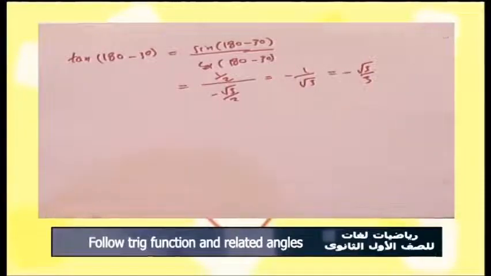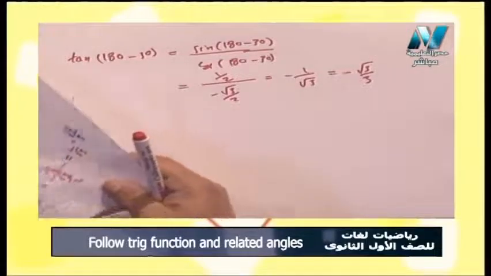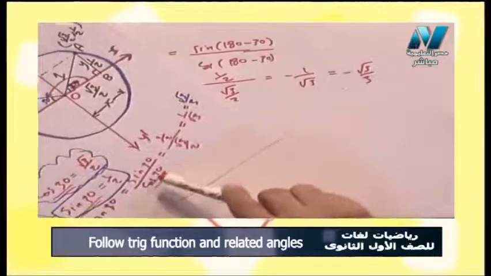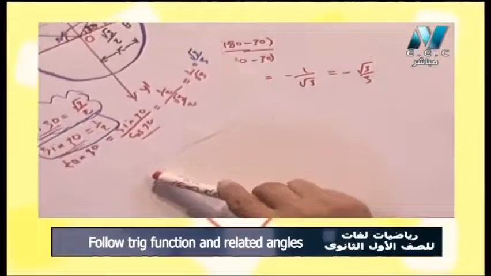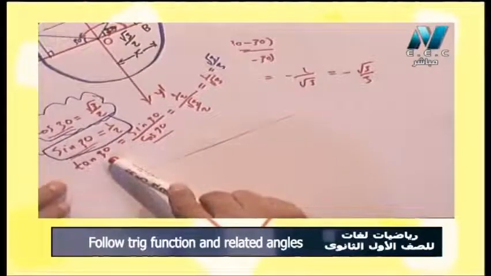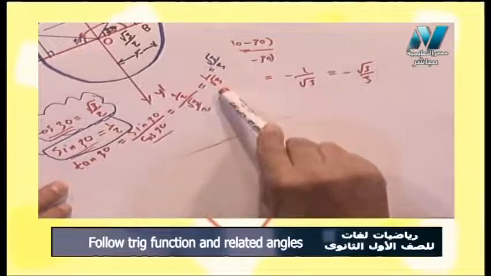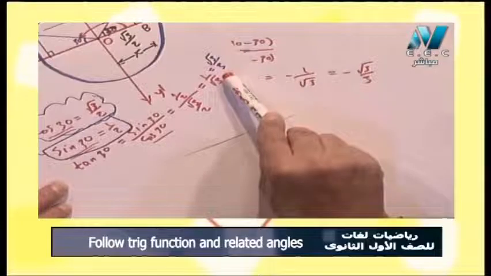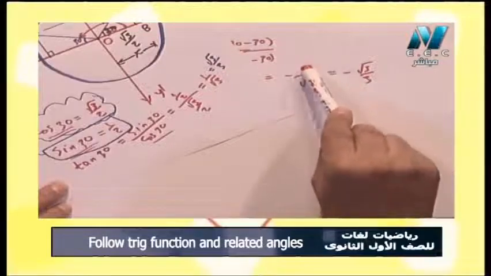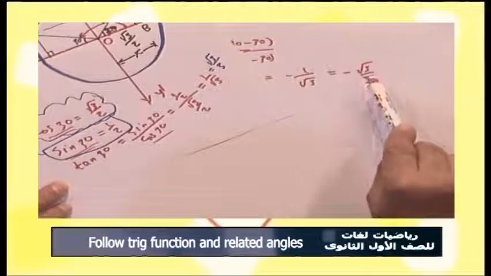And if you would like to find out, tan 30 equals 1 over root 3 from the last paper. Tan 30 equals 1 over root 3 or root 3 over 3. But here it's negative 1 over root 3 or negative root 3 over 3.